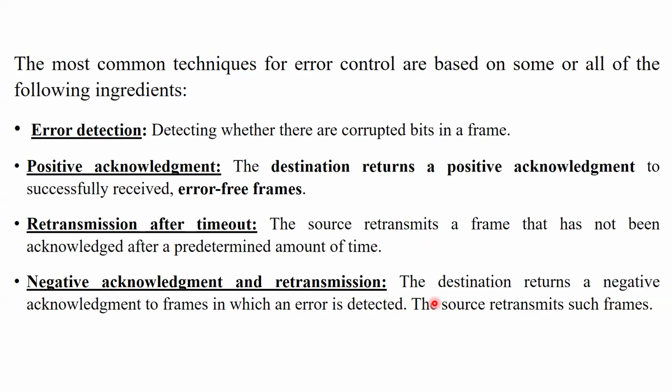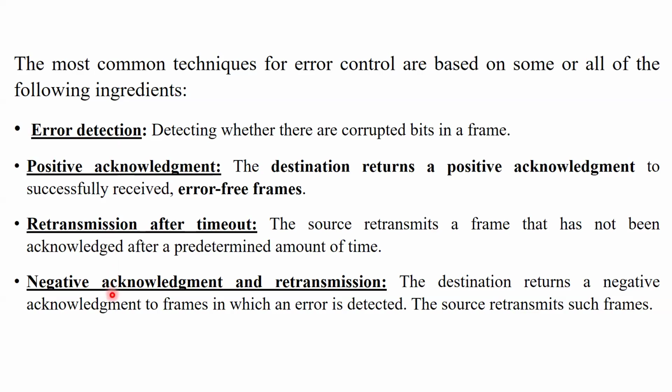So these are the ingredients we use in the common techniques of error control. Any one, some, or all of them may be used: error detection, positive acknowledgement, retransmission after timeout, and negative acknowledgement with retransmission.